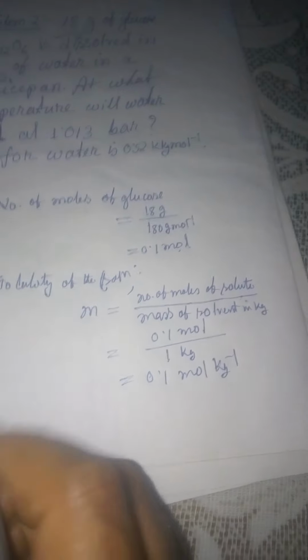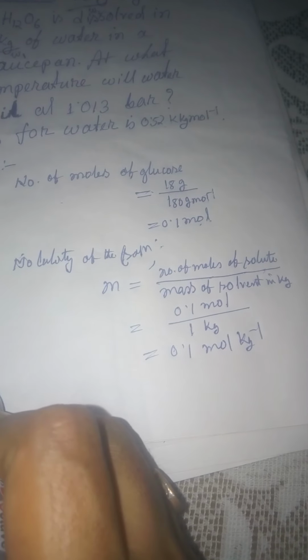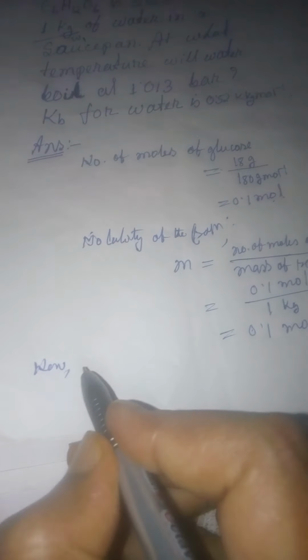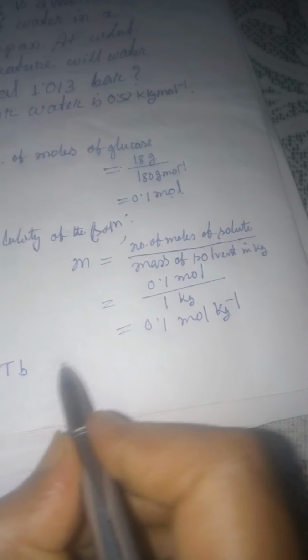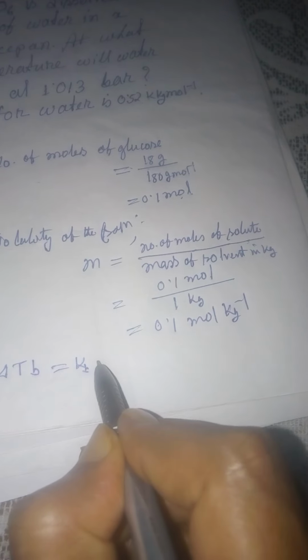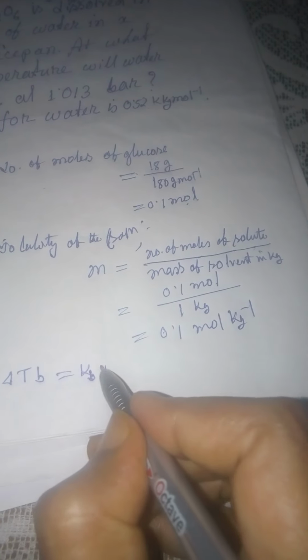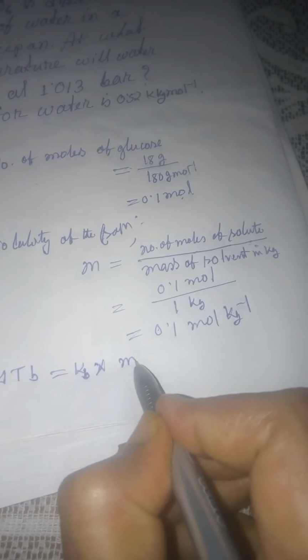So already you know, now we know delta TB, elevation of boiling point, is equal to Kb into m, molality.